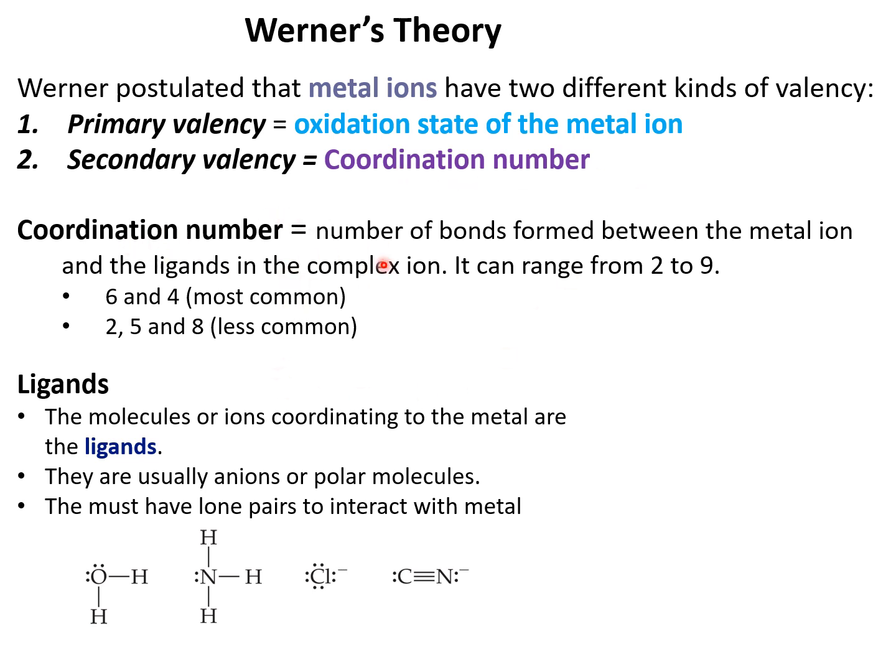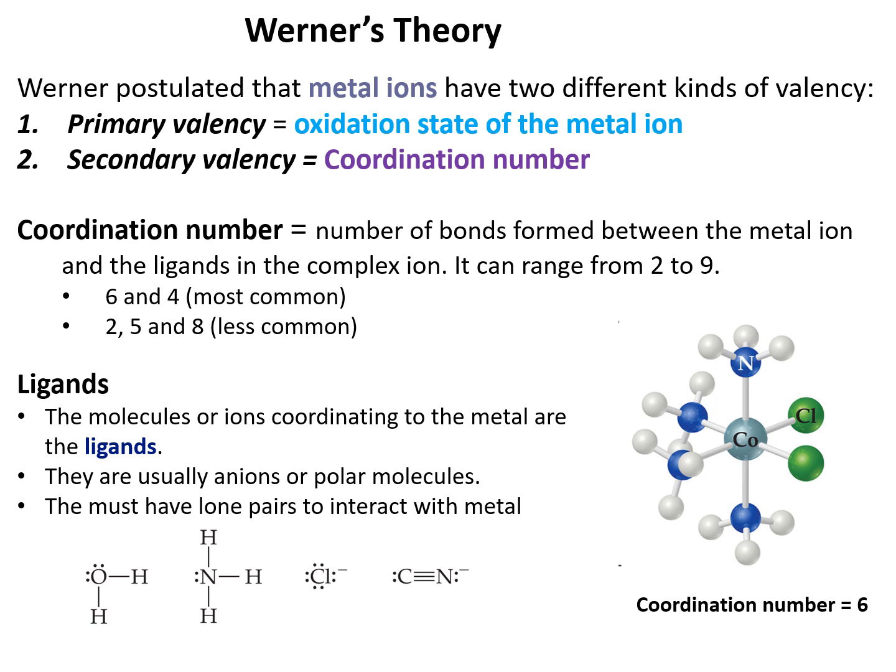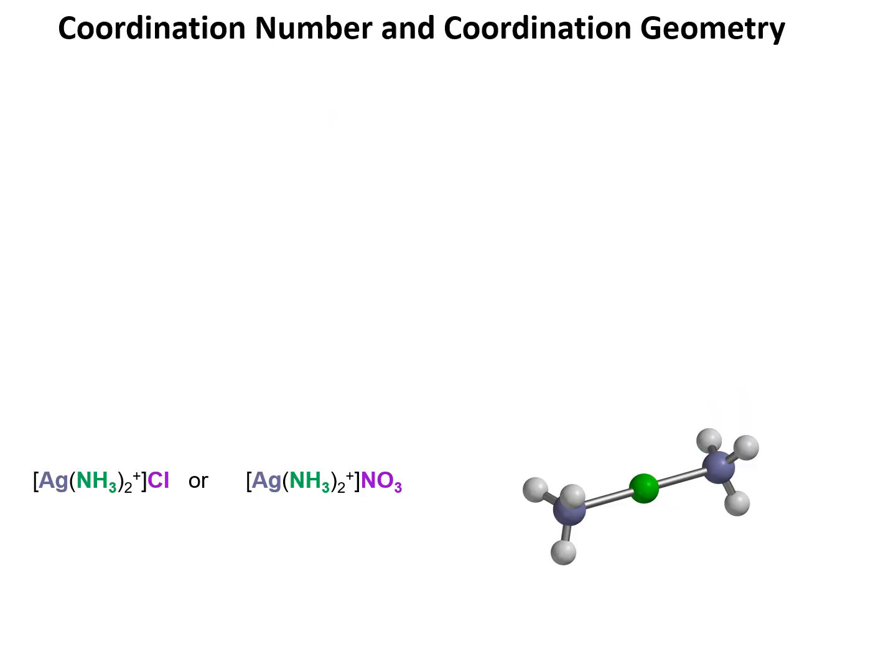Coordination number is equal to the number of ligands, so it can be calculated by knowing the number of ligands. Ligands may be neutral or polar molecules, and must have at least a lone pair of electrons to interact with the metal. Let us see several coordination numbers with some examples.